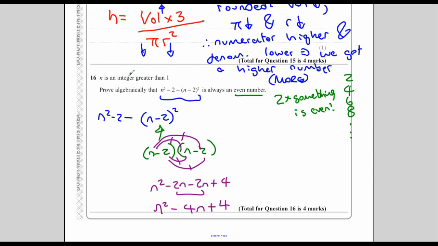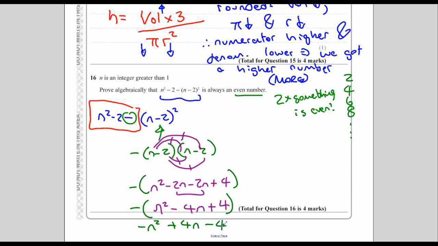Now don't forget we had these as well. And actually, all of this was a negative, so we had a negative in front there, negative in front here. So let's put our negative through this, and it's going to switch the signs of everything. So plus 4n minus 4. Let's bring these down all the way.